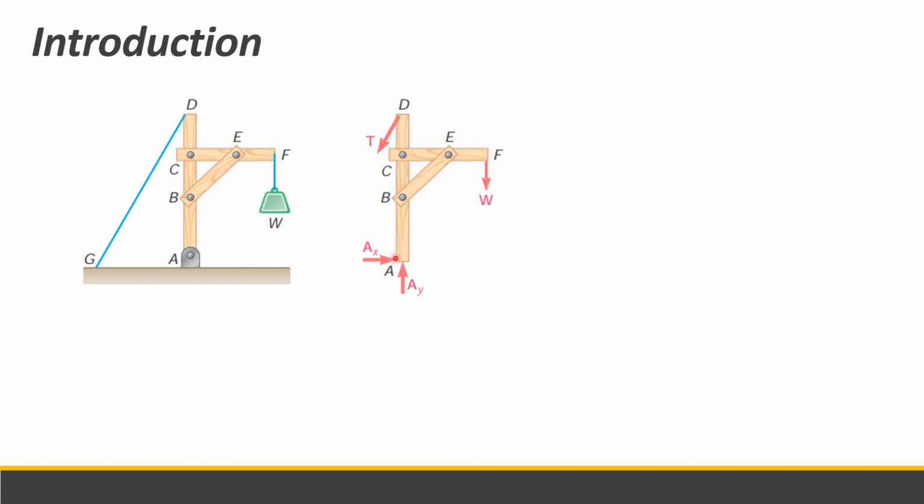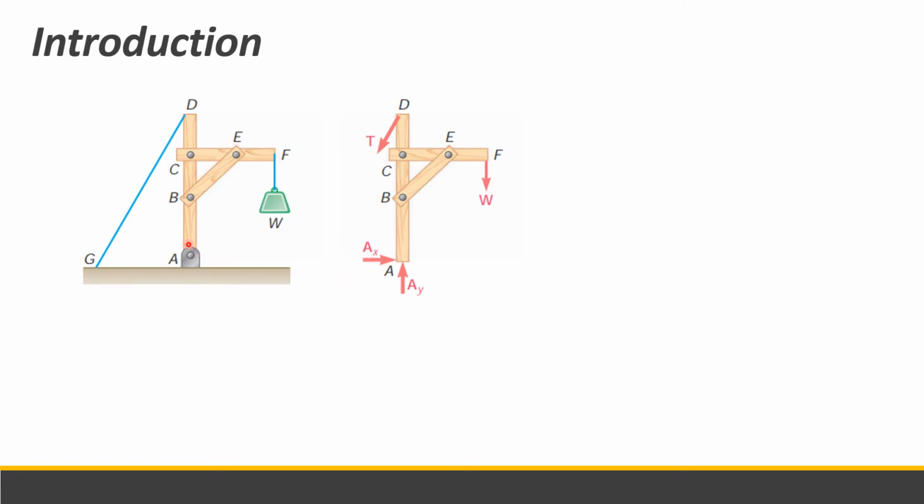Kaya mayroon siyang additional na mga forces or reactions. The external forces shown in the diagram include the weight, which has a downward force, of course, because it is a weight, and the two components, AX and AY, of the reaction at A.